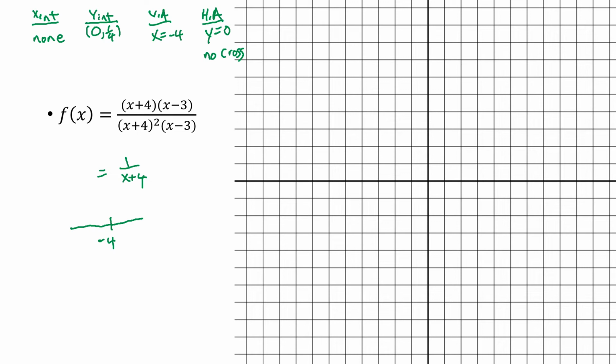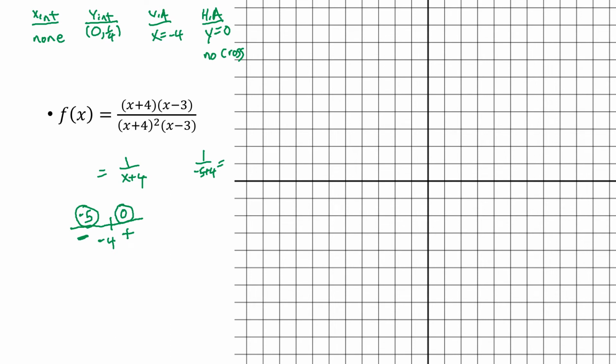For our test values, we can choose -5 because that's to the left of -4 on the number line, and 0 because 0 is to the right of -4. If we substituted these values, what would happen? We already know that if we put 0 into our function, we got positive 1/4. So if we input 0, we're going to get a positive answer. If we put -5 in, 1 over -5 plus 4 is going to give us a negative number.